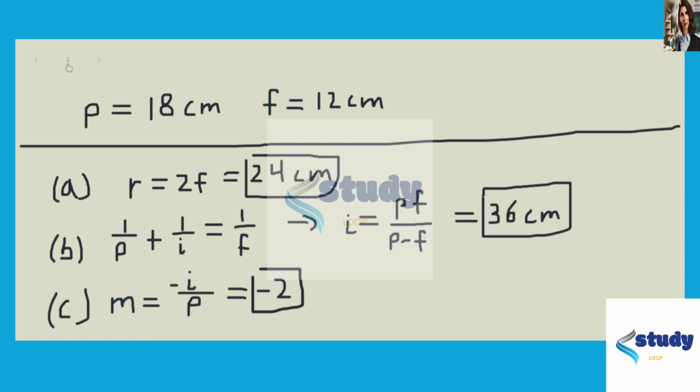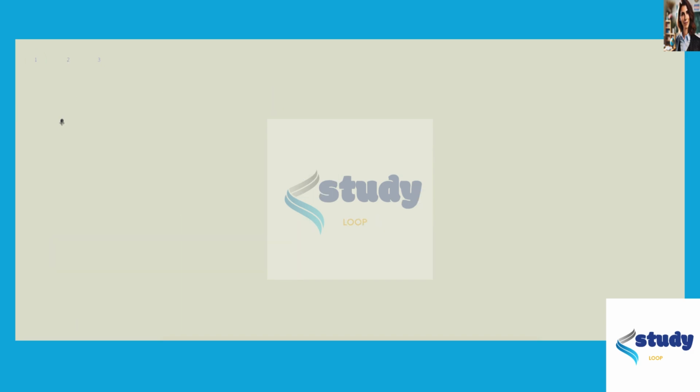Part D wants us to answer whether or not the image that is formed is real or if it's virtual. So to do that, all we have to do is look at the solution for part B. The solution for part B is positive. The image there is a positive distance.